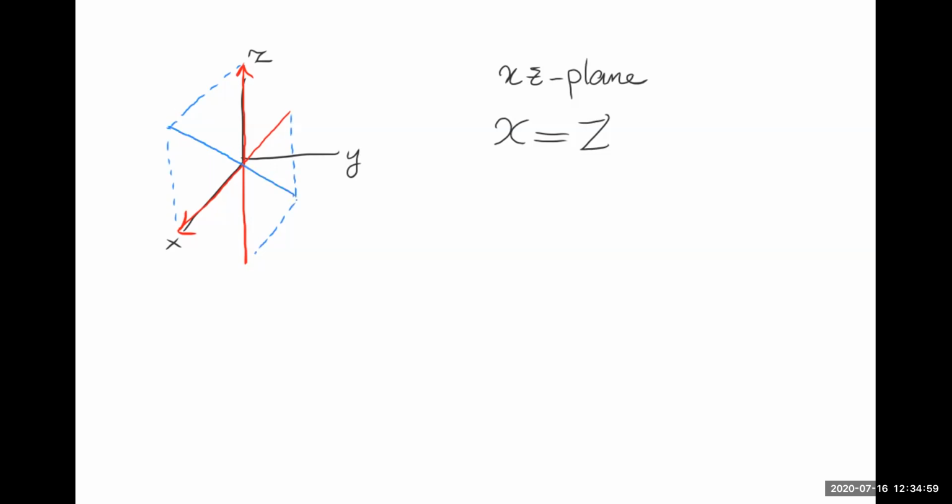Now, we can rotate this graph around one axis. Let's say we take the z-axis here. If we rotate the graph of this function about this z-axis, we would get something like this.